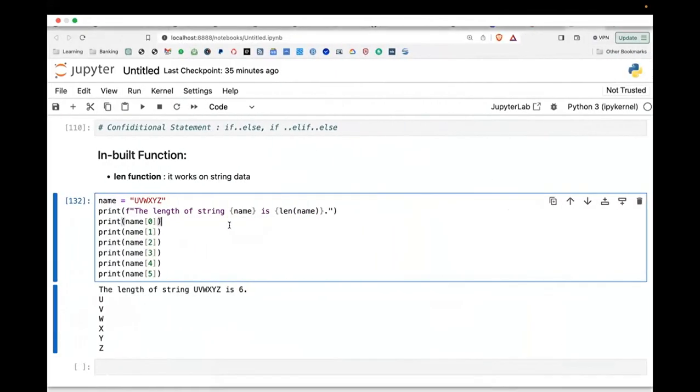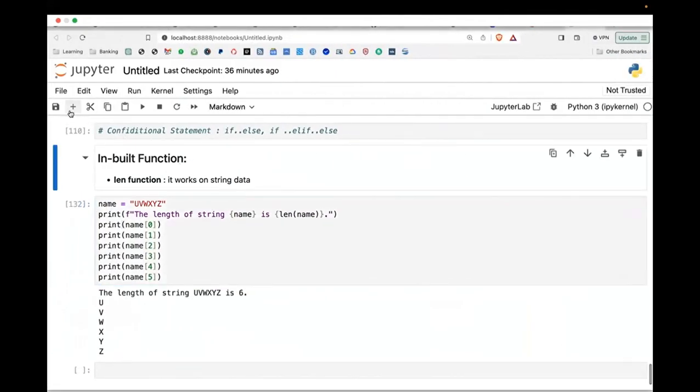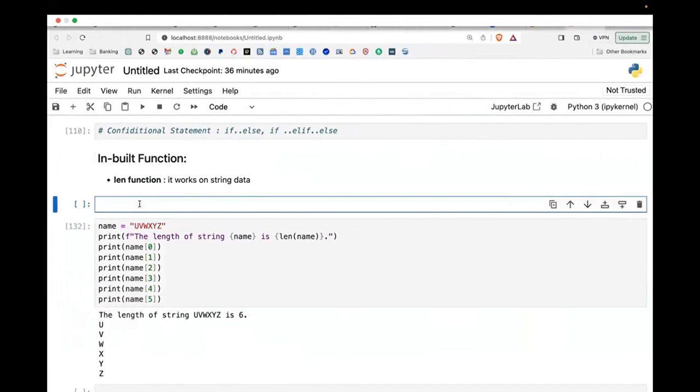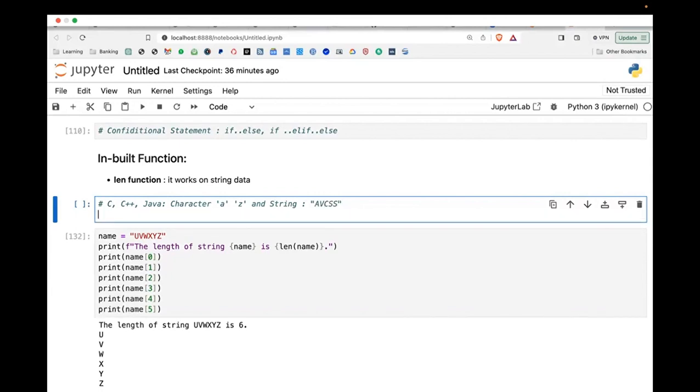Maybe Python is your first language. In other high level languages like C, C++, or Java, they have a character data type, which means a single character, and they also have a string data type, which they write with double quotes, like A, B, C, D. But Python has only one, string.